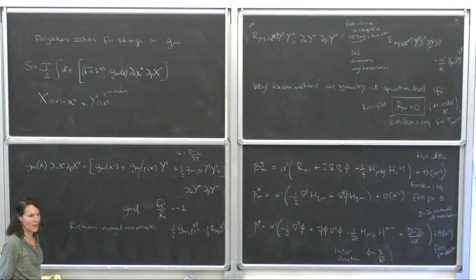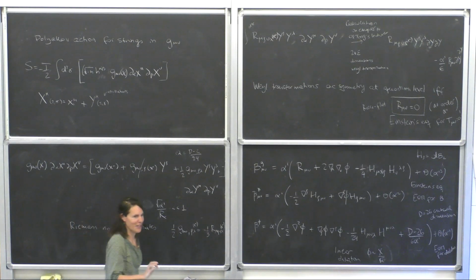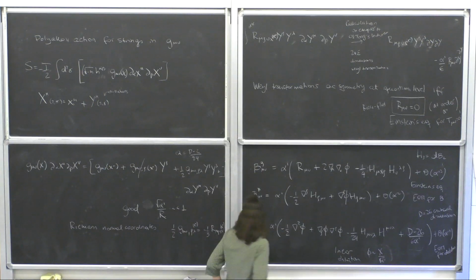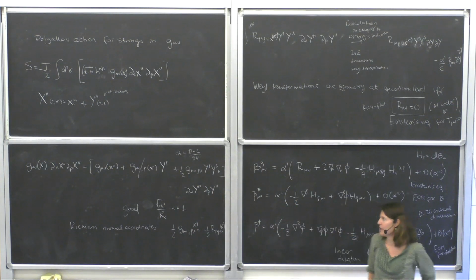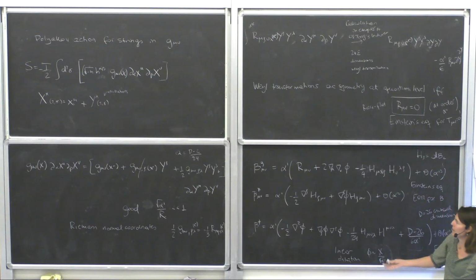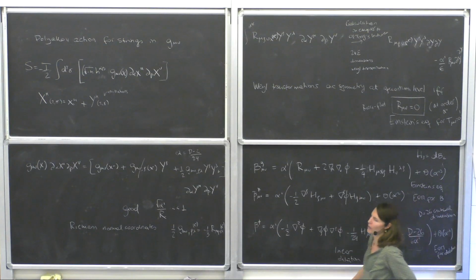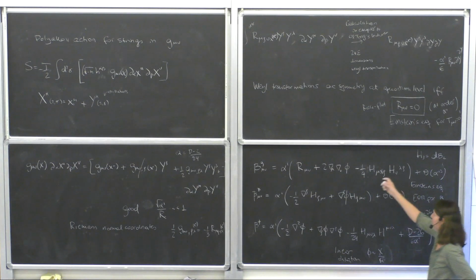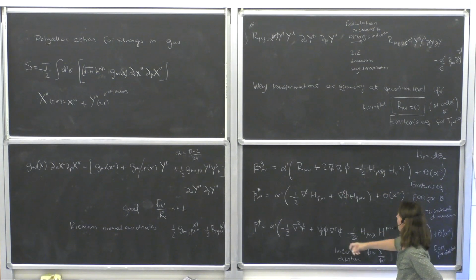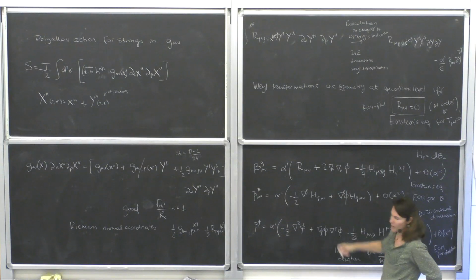But how does it work with the rest? Don't ask me, because I don't know. But this is the result of the calculation. And then we said a equals 1 is nice because we have massless states, and then D is equal to 26. But actually, this is the derivation of D equals 26 being the critical dimension, the dimension where you have Weyl invariance at the quantum level, if you satisfy these equations.